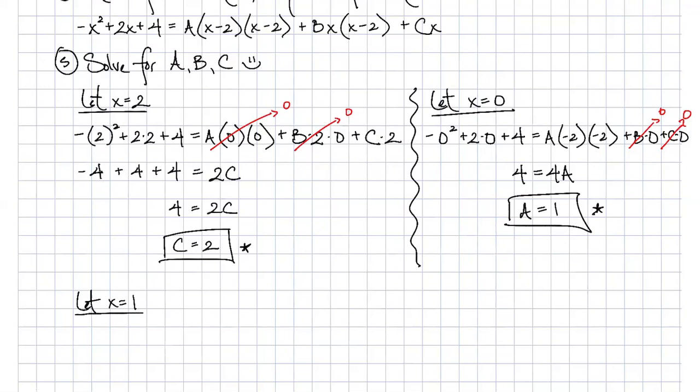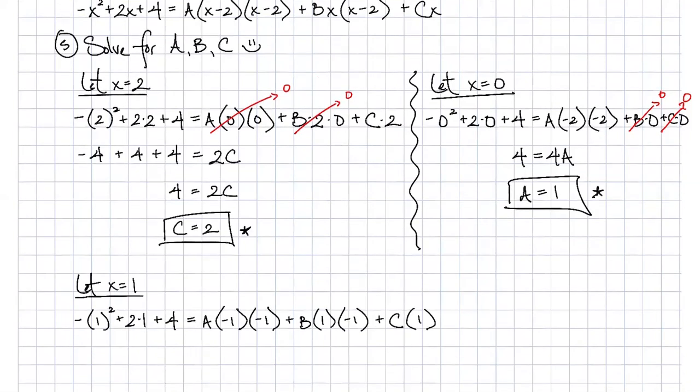So let's see, negative 1 squared plus 2 times 1 plus 4. That's the left-hand side. Equals A times 1 minus 2 is negative 1 times 1 minus 2 is negative 1 plus B times 1 times negative 1 plus C times 1.